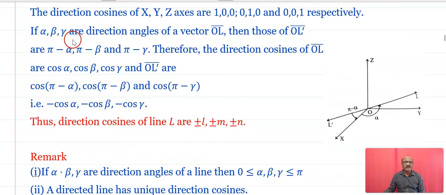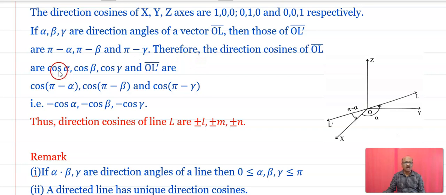If alpha, beta, gamma are the direction angles of a vector OL bar, then for the opposite direction OL dash, if alpha is the angle made with the positive direction of the x-axis, then pi minus alpha is the angle for OL dash. Similarly pi minus beta with the y-axis and pi minus gamma with the z-axis.